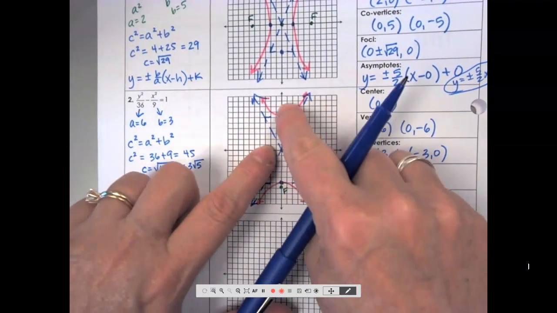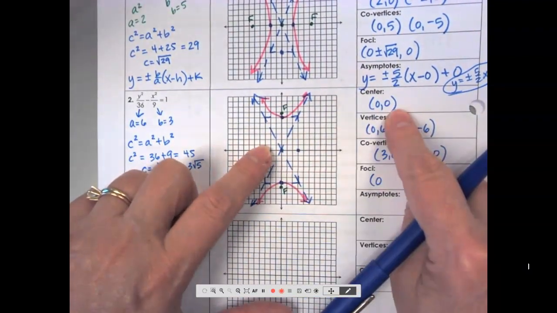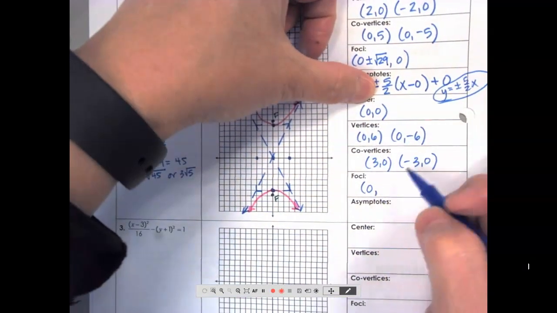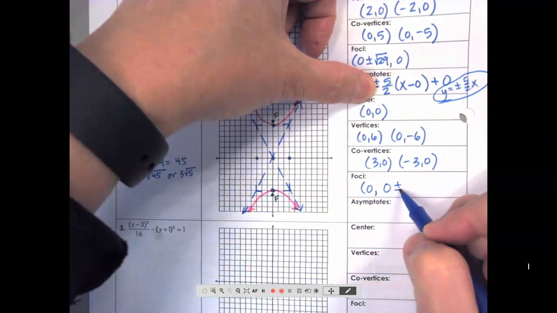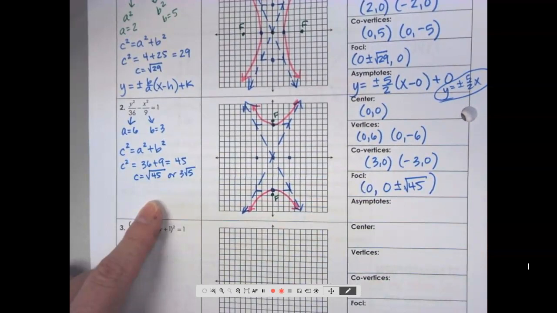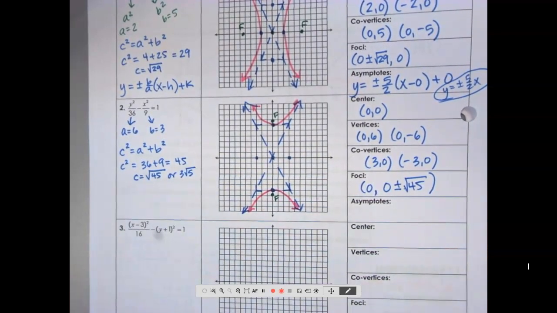Did I add that number to the x or the y coordinate of the center? The y, because we went up and down. So the x doesn't change. The y will have a plus or minus square root 45. Or 3 square root of 5 if you want it simplified.